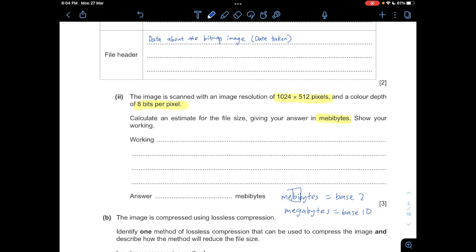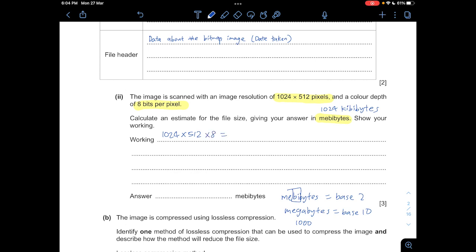So a mebibyte itself is basically 1024 kibibytes, right? So all you need to do for mebibytes is divide by 1024 instead of 1000. For megabytes, it will be 1000. So here, we need to calculate first the resolution, which is 1024 times 512, and then the color depth of 8 bits per pixel will be times 8.